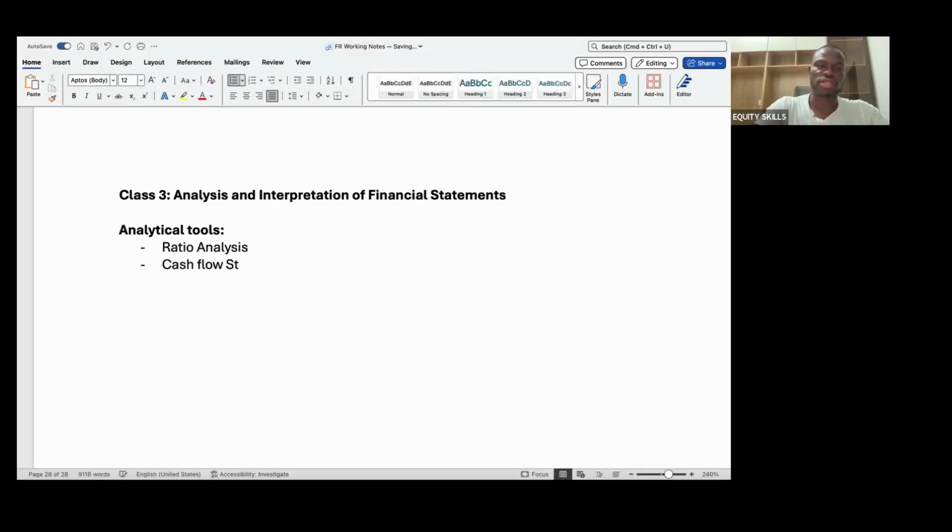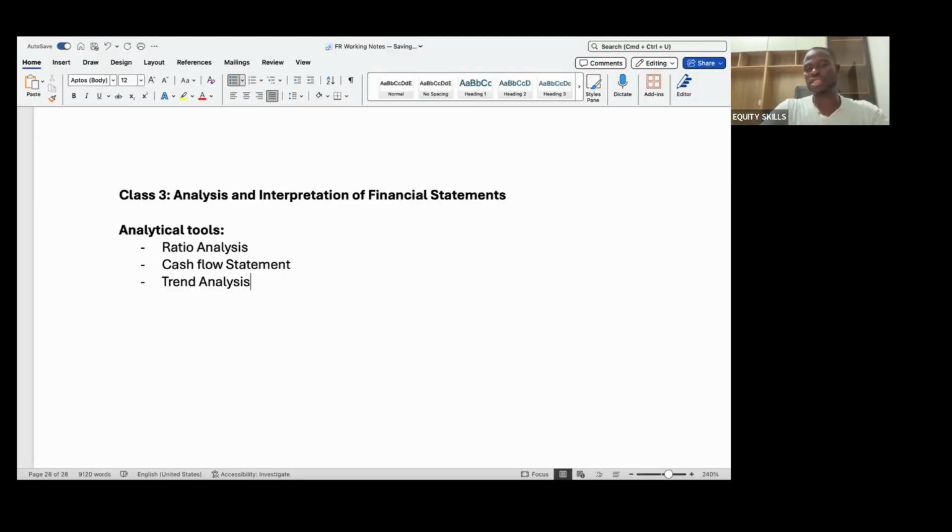We have cash flow statements. You can even use trend analysis and other tools that are available to analyze and interpret financial statements.